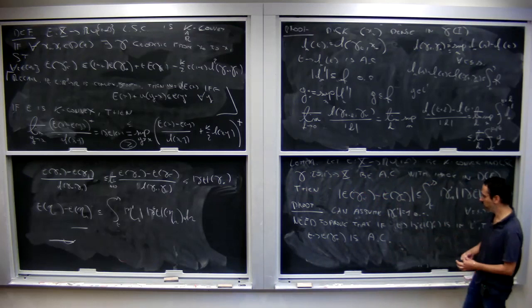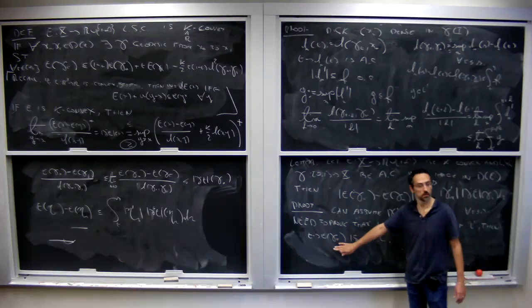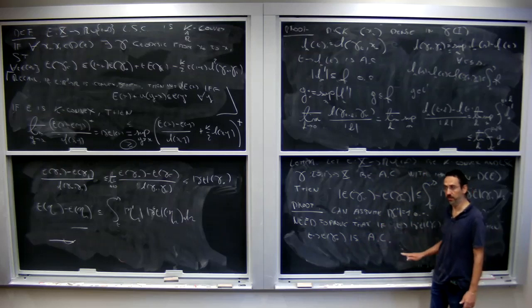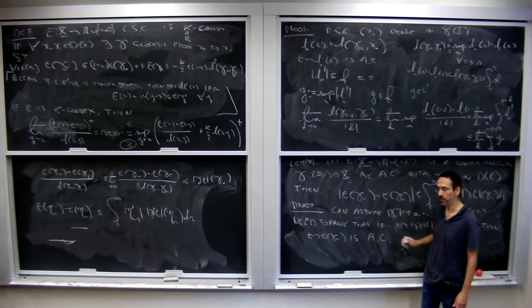Then once I've shown that this is absolutely continuous, I know that it is differentiable. This is a map from R to R, okay? So I know that it is the integral of its derivative. So E gamma t minus E gamma s is equal to the integral of the derivative.